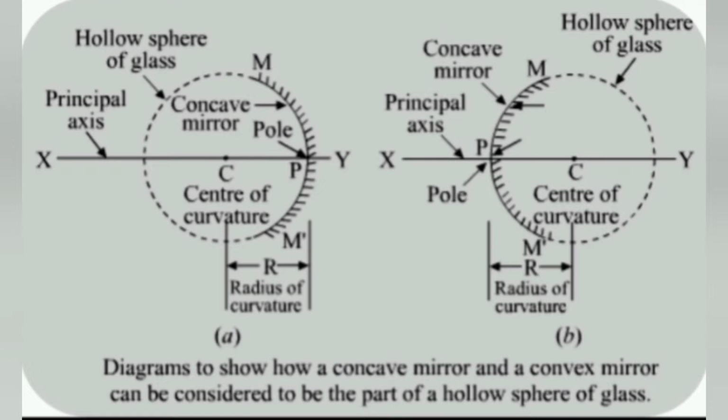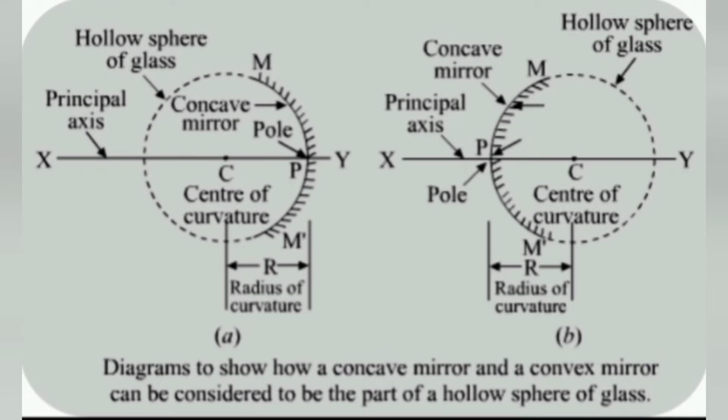P is the pole of the concave mirror, and P is the pole of the convex mirror also. The pole of a spherical mirror lies on the surface of the mirror. The straight line passing through the center of curvature and pole of a spherical mirror is called its principal axis, which is denoted by XY.